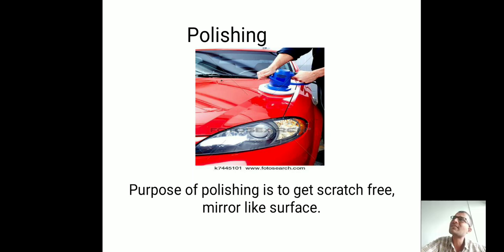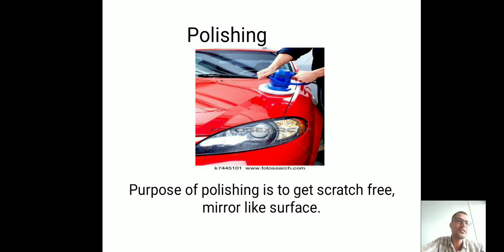So we can simply say that polishing is an operation in which the surface of our job, our two-wheeler or four-wheeler, will become scratch free, mirror-like clean. Correct? Simply, you can say that the purpose of polishing is to get a scratch-free, mirror-like surface.